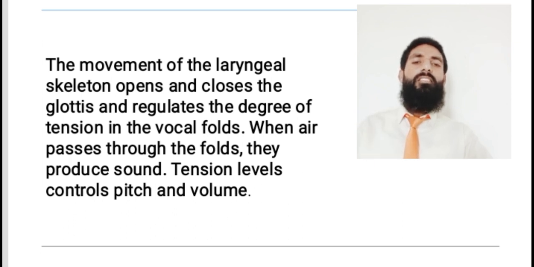But here arises a question: some people sound different to others. The sounds of all human beings are not similar. Sometimes some people have louder voices, and some have light voices, and there is also a quite vivid difference between the sounds of males and females. So it entirely depends upon the tension levels controlling pitch and volume.